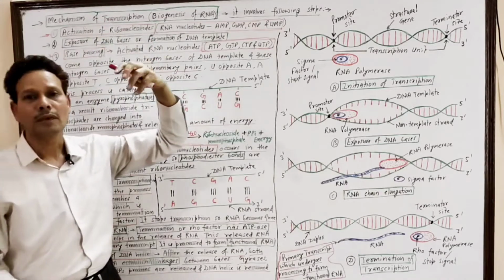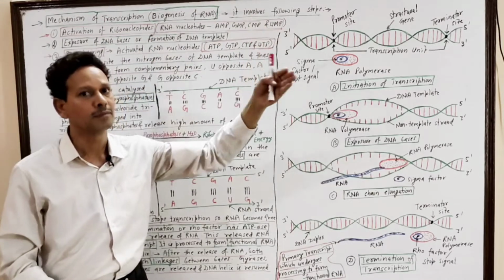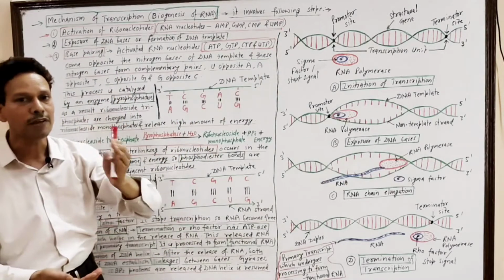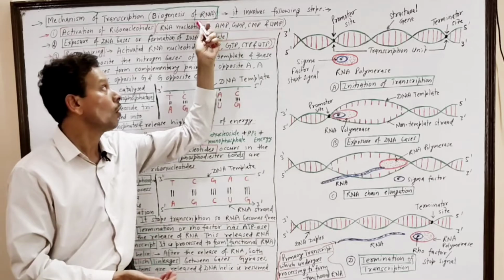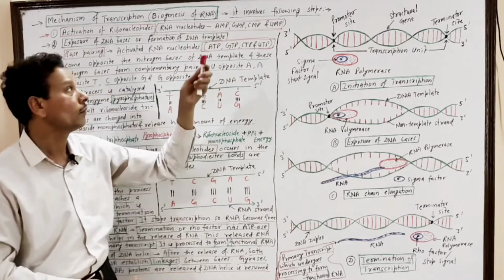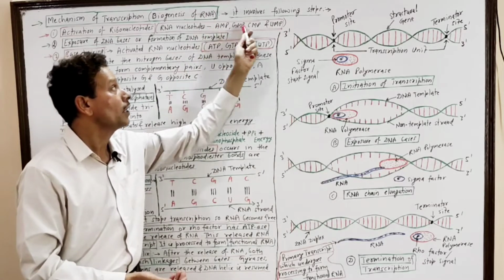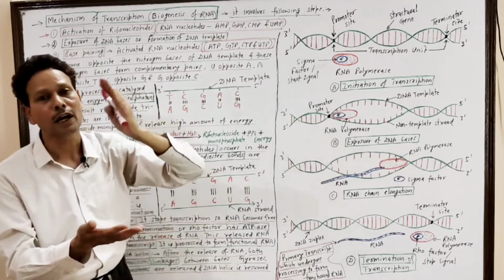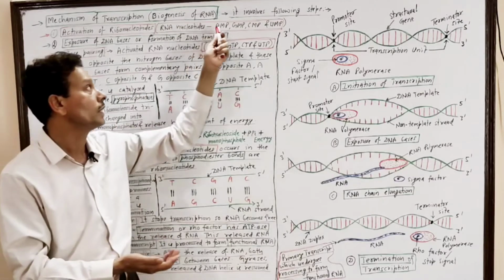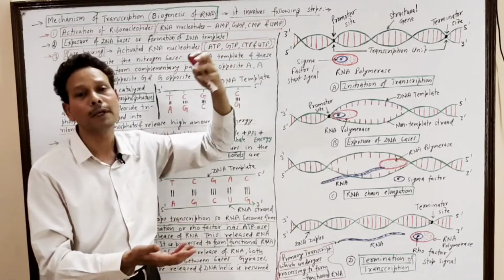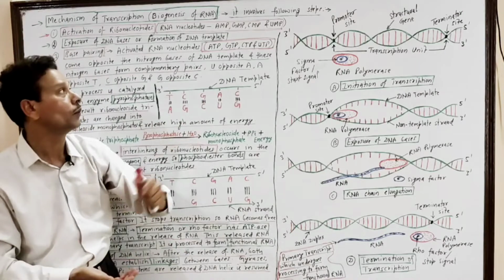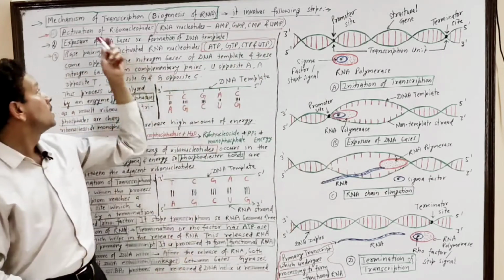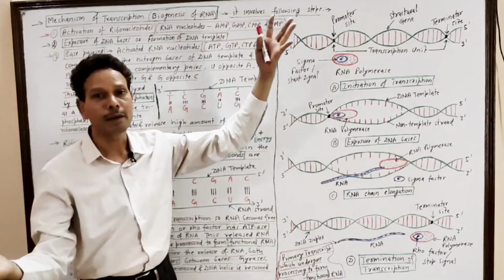First of all, RNA nucleotides are activated, and activation is a process of phosphorylation. The enzyme phosphorylase catalyzes the conversion of these inactivated ribonucleotides AMP, GMP, CMP and UMP into activated forms: ATP, GTP, CTP and UTP. Second step is exposure of DNA bases.